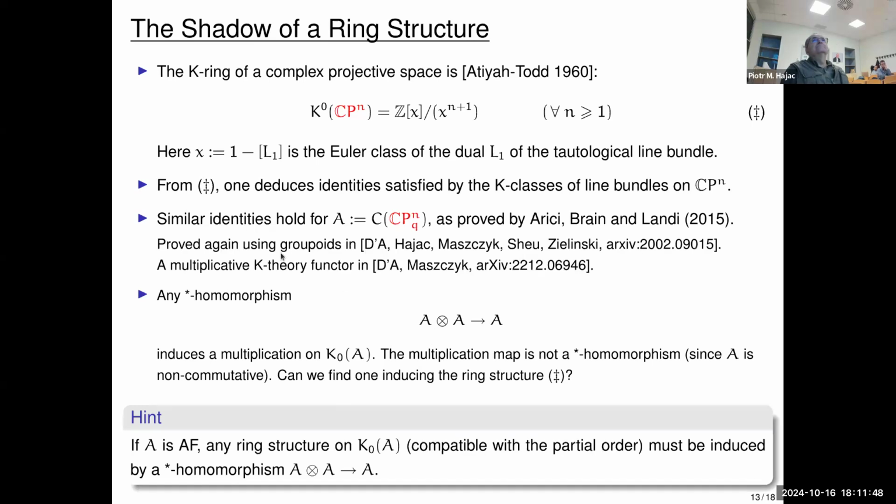Okay, so now I'm showing you what is this. I want to mention our two preprints with Piotr and Tomek. There is one preprint where these identities were proved again using groupoid C*-algebras. The original proof was using index theory.